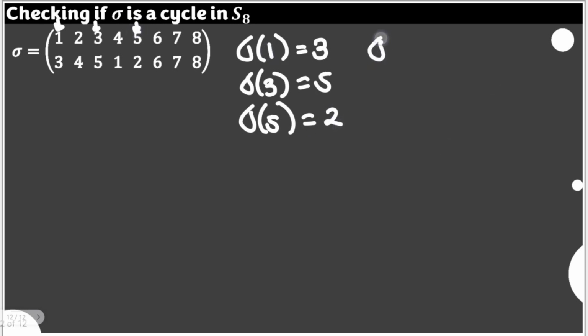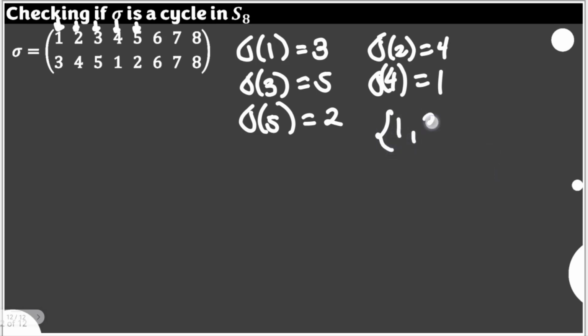Then let's have 2. So 2 will go to 4. And then finally, if you look at your permutation, 4 is being mapped to 1. So we just return to the first element that we tried. Therefore, we have this orbit following this pattern: 1, 3, 5, 2, and 4.